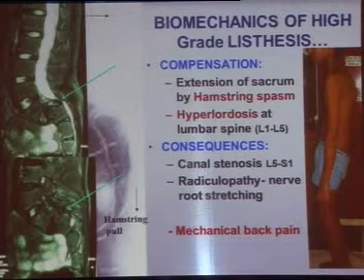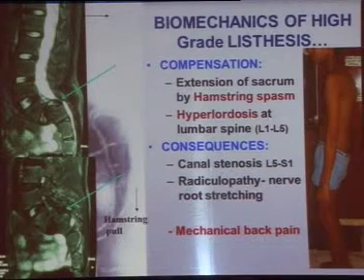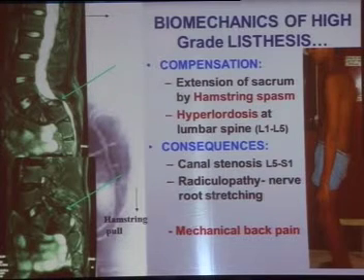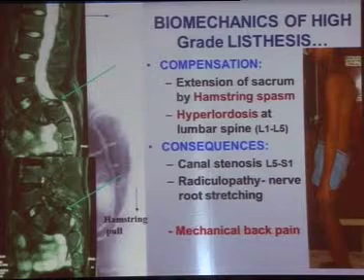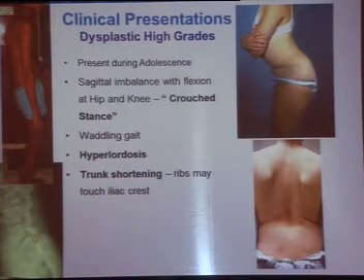Also because of the forward movement, capsular laxity, and various other reasons, instability, there's mechanical back pain. So the dysplastic high grades are a totally different type of listhesis as compared to, say, degenerative or isthmic types of listhesis.